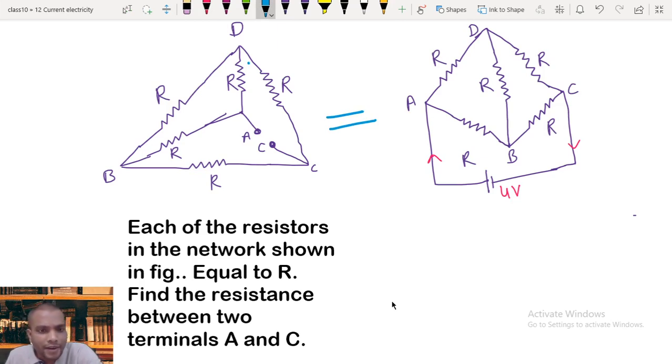Here we need to find the resistance between A and C. It means we need to find the equivalent resistance. First we need to check whether the bridge is balanced or not.